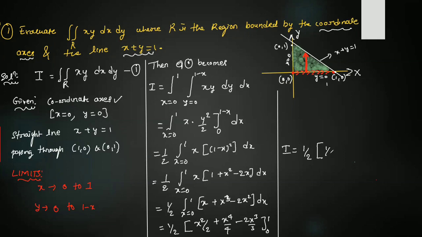If you apply 1, it is 1 by 2 plus 1 by 4 minus 2 by 3, and if you apply 0, it is 0. So what is the inside answer? 1 by 2 plus 1 by 4 minus 2 by 3 is 1 by 12. So I is equal to 1 by 24. The answer is 1 by 24.